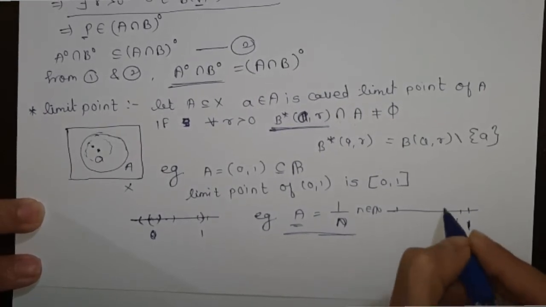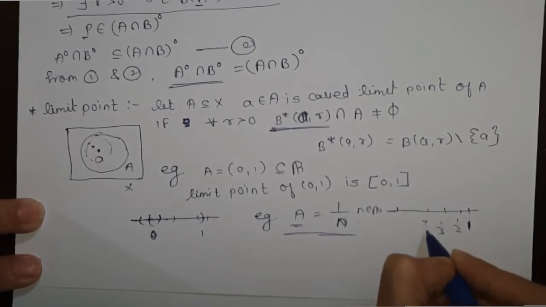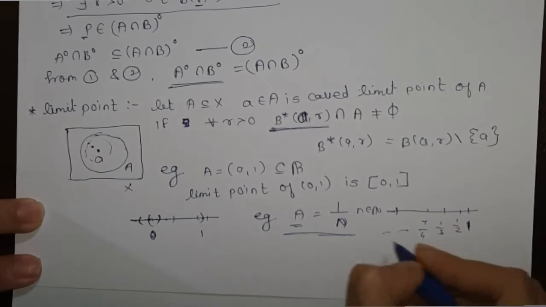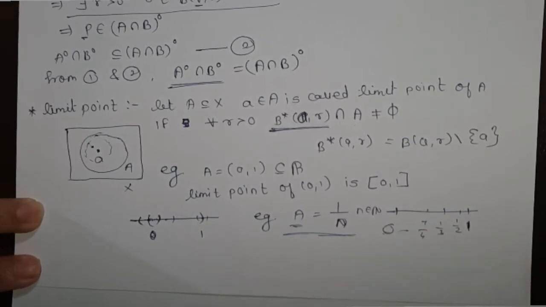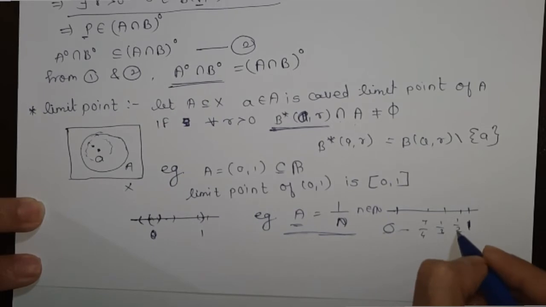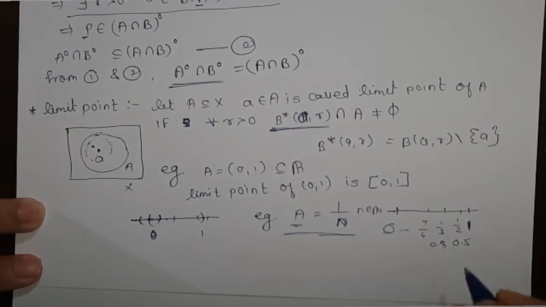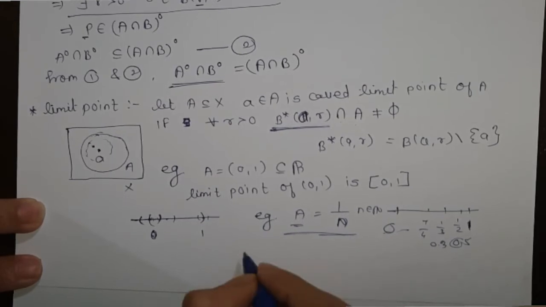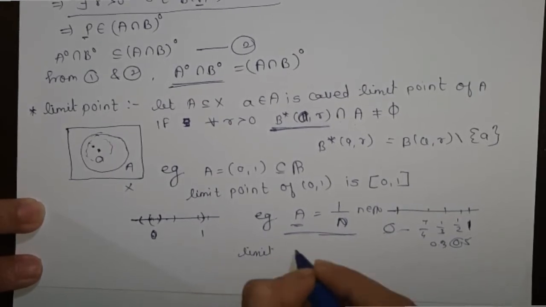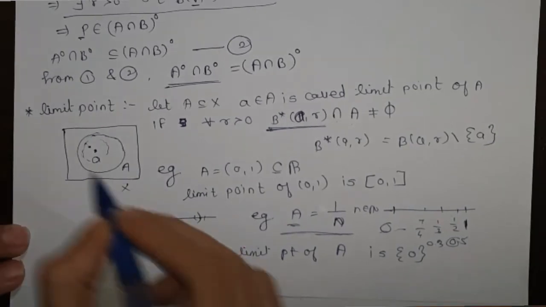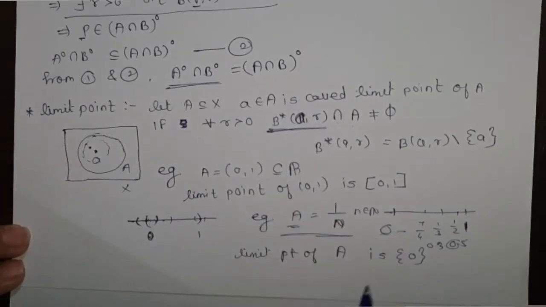Here we have 1/2, 1/3, 1/4 and so on. This sequence converges to 0. If you take the division, you get 0.5, 0.33 and so on, so you get 0. So the limit point of this set is the singleton {0}. These are the examples of limit points.